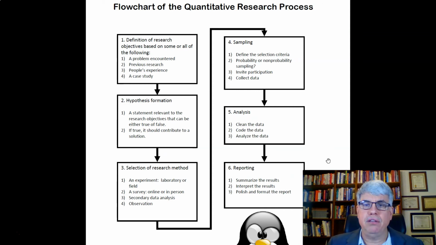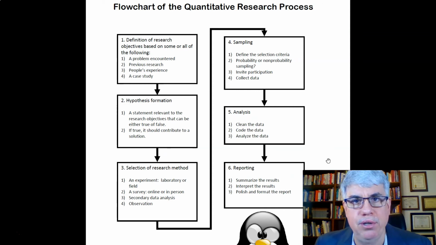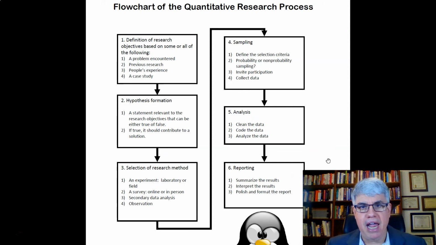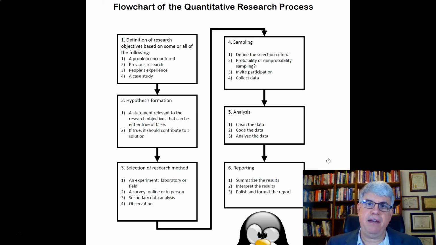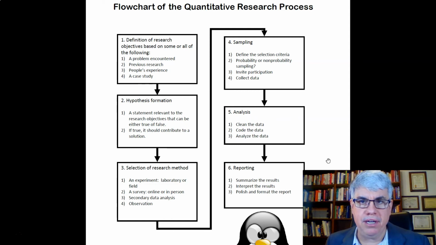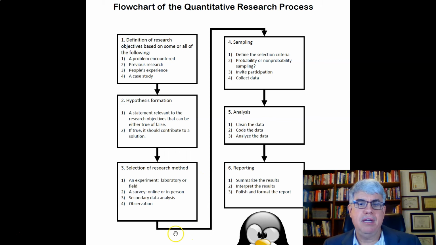But this is a linear approach to how we can do research. And by linear, I mean step by step by step by step. And if you're taking a research methods class and doing a research methods project, this is what you want to do. So this is a flow chart for the quantitative research process.